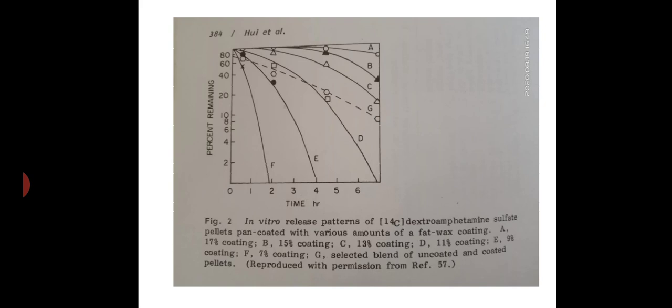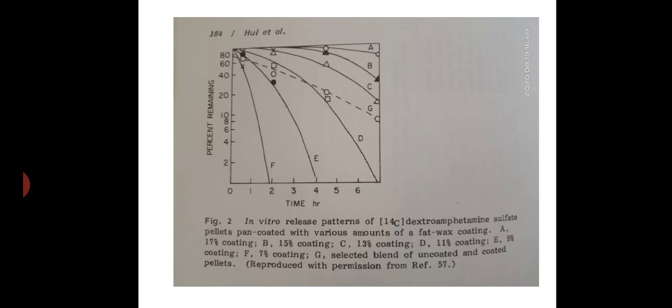Here the drug molecules have been micro encapsulated, or for ease of understanding, coated, with various percentages of coating material. Line A denotes the polymer coating with 17% coating, B with 15, C with 13, D with 11, E with 9, and F with 7. So from A to F, the percentage of coating decreases from 17 to 7.